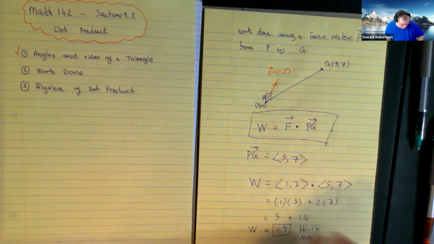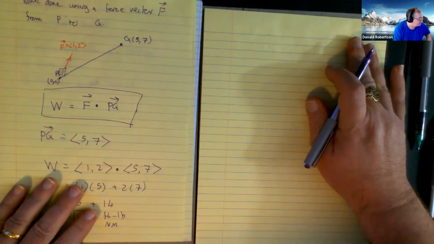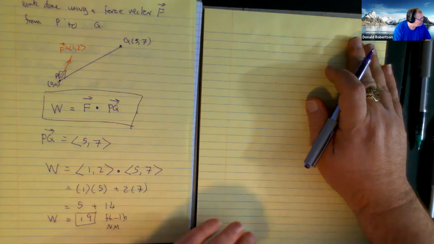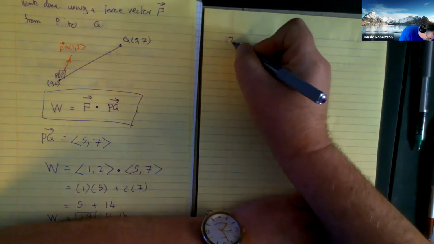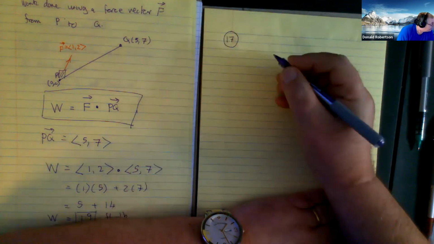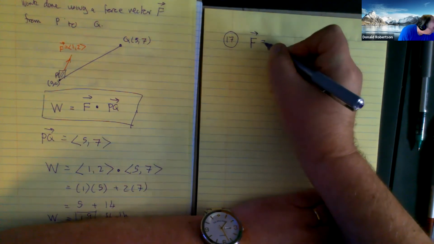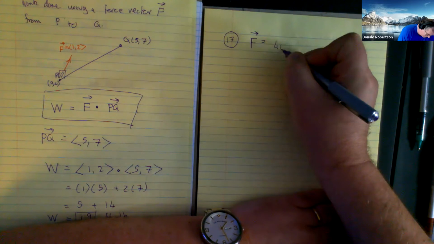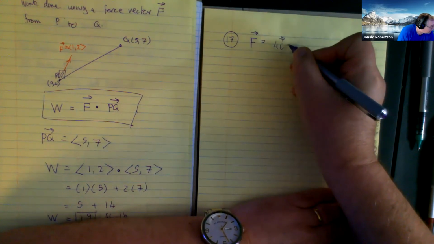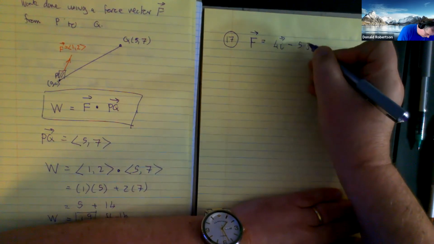Just a dot product. So let's show you some of the different ways in which that same question can be given to you. Here is question 17. The force vector, right, is 4i take away 5j.